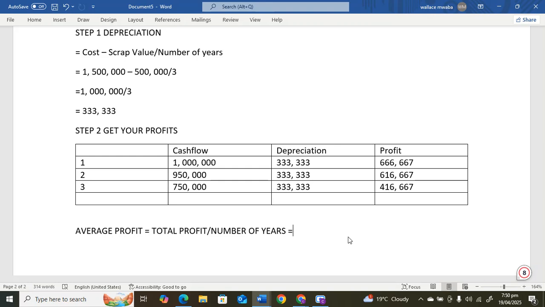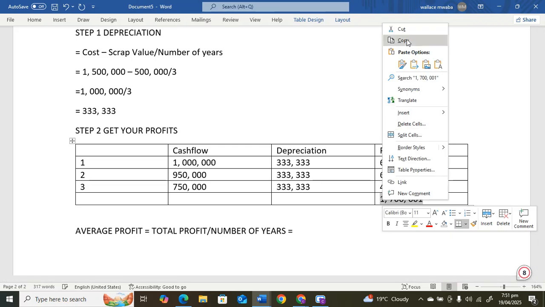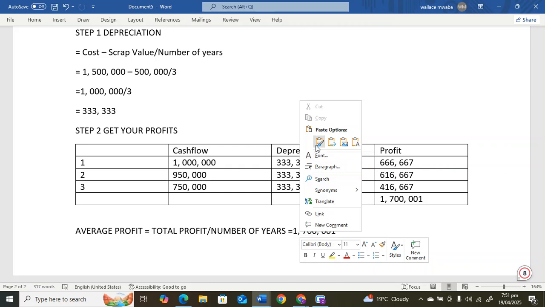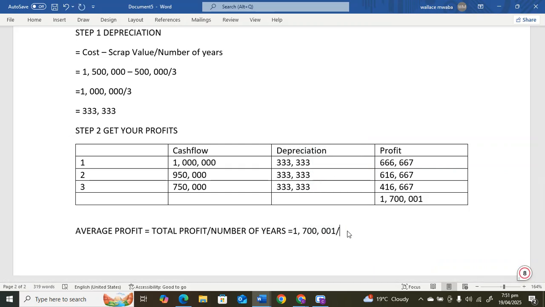Okay. We add the profits. 1,700,001. So this we divide by the number of years. 1,700,001 divided by 3.